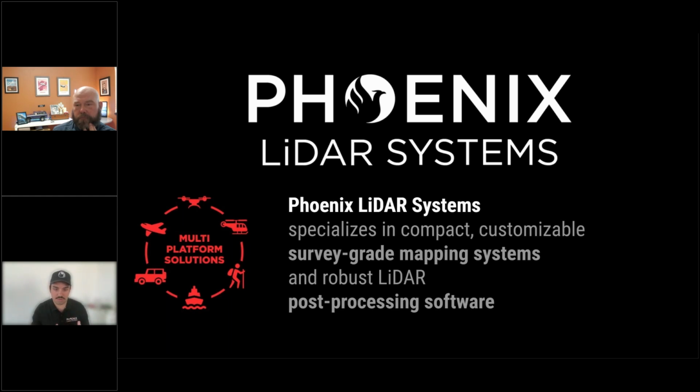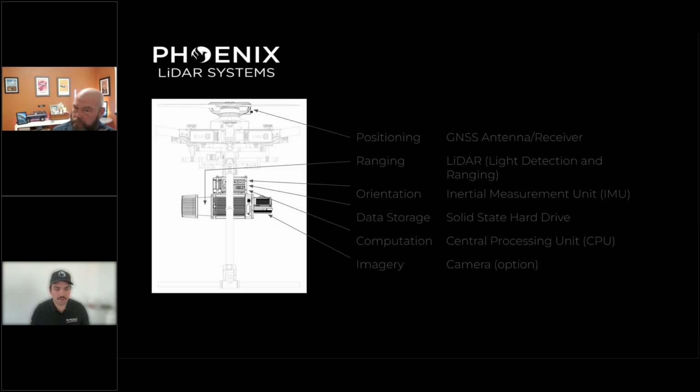On the hardware side, there's a few things that go into it. The most important thing is, of course, the laser itself, but the laser itself, without any of these other components, is kind of useless. You need a GPS, GNSS antenna receiver that actually geolocates the system in space.